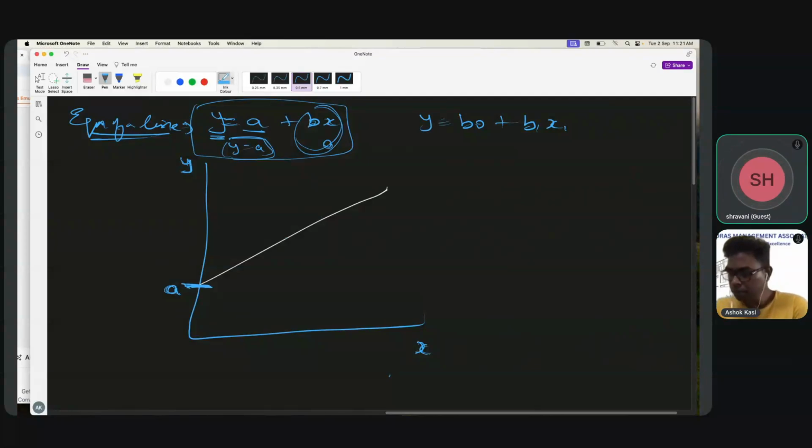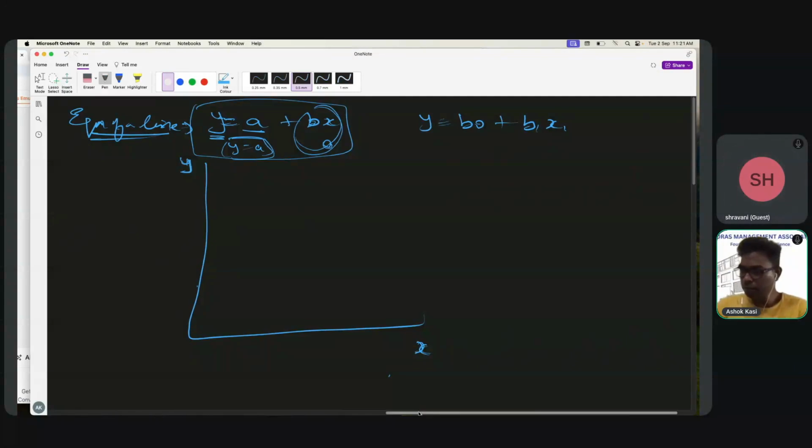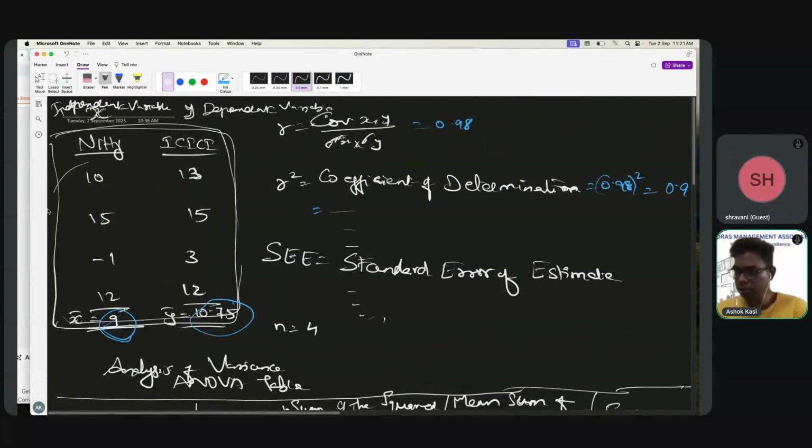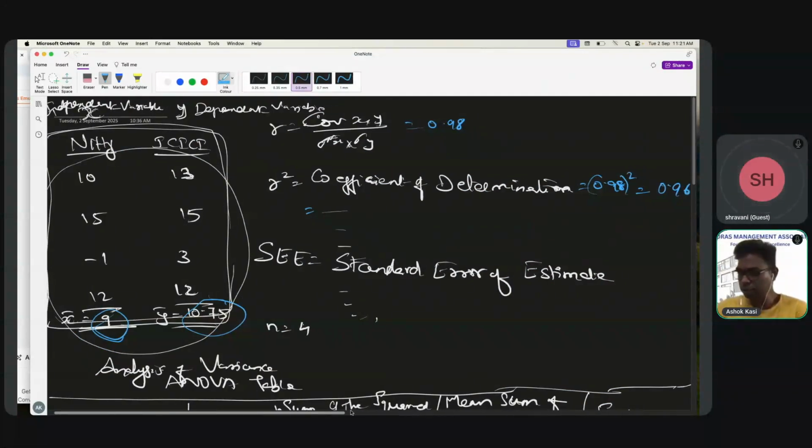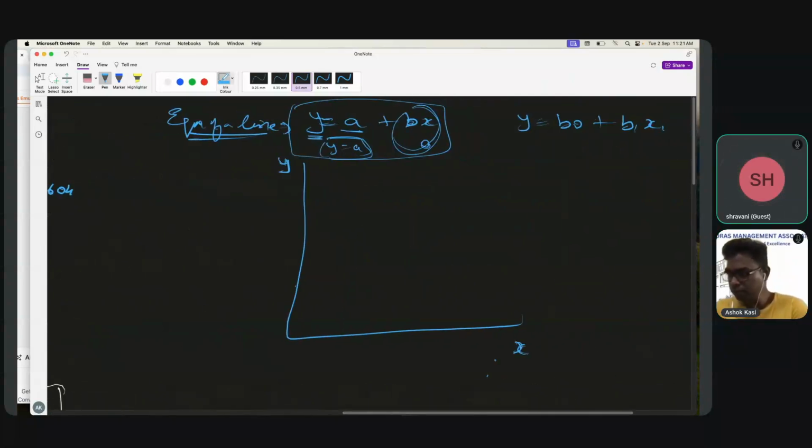Now, how do I get this white color line first of all? Say for example, I am plotting all this in an Excel sheet, or graphs. When x is this number, y is this number.